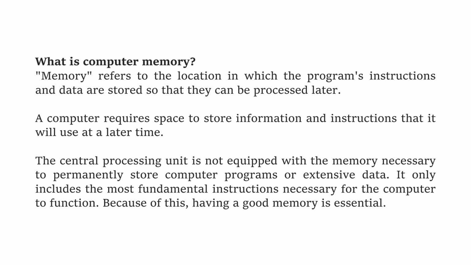The CPU is not equipped with the necessary memory to permanently store the programs or the extensive amount of data. It has a memory only to include the most fundamental instructions necessary for the computer to function. Because of this, having a good memory is essential.